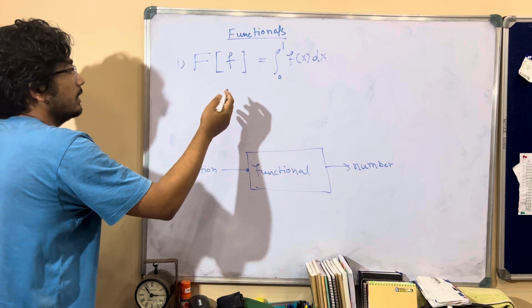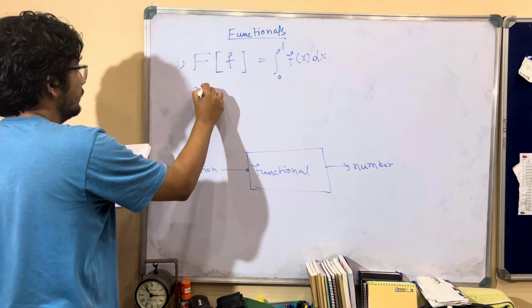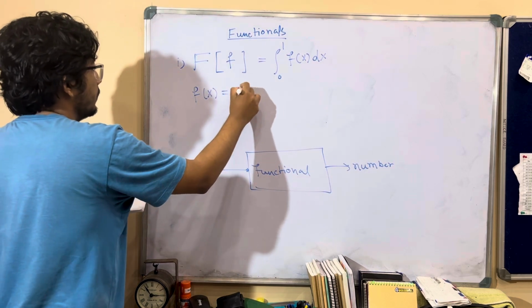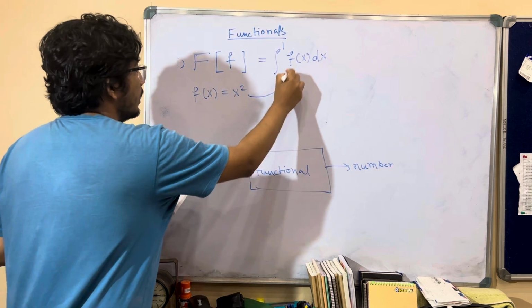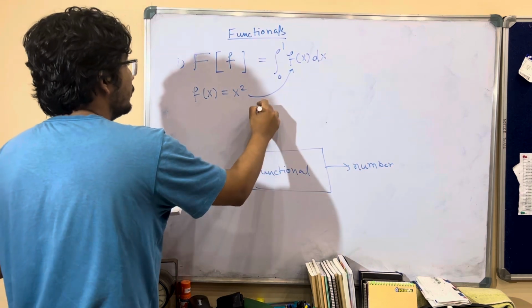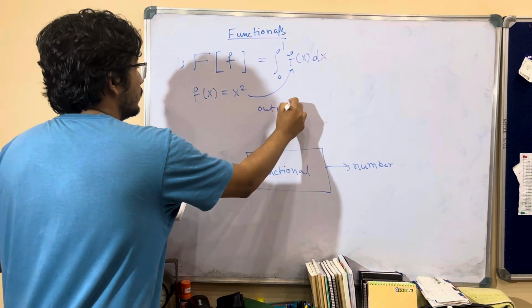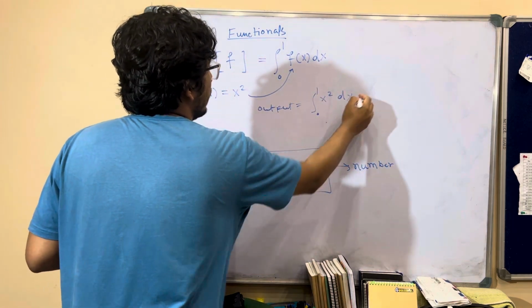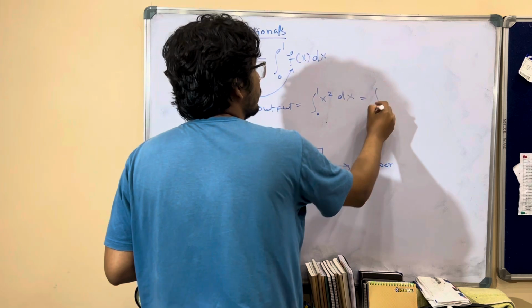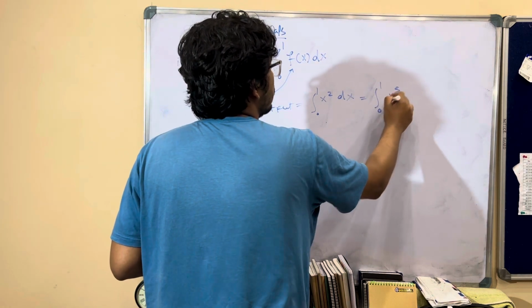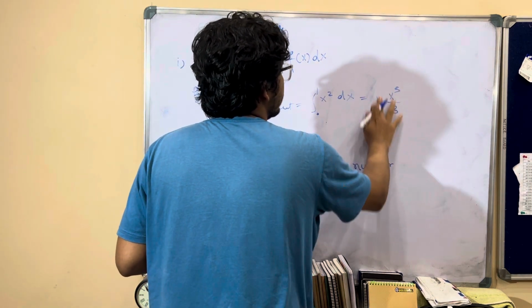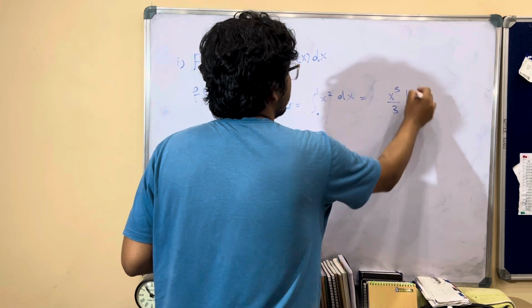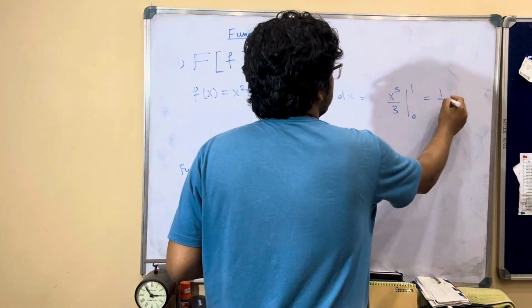If you give f of x equals x squared as input here, then it will give an output equal to this thing. If you know integration, then you will easily get this. This is nothing but 1 over 3.